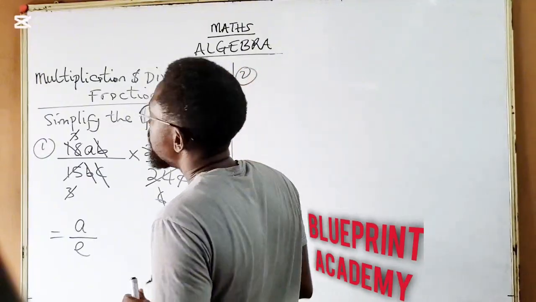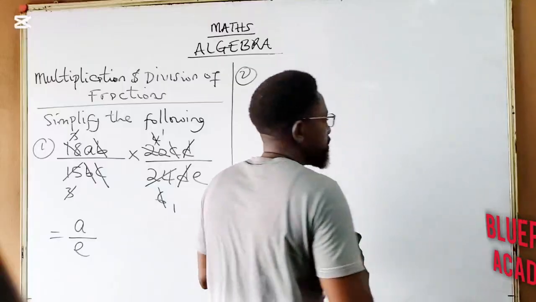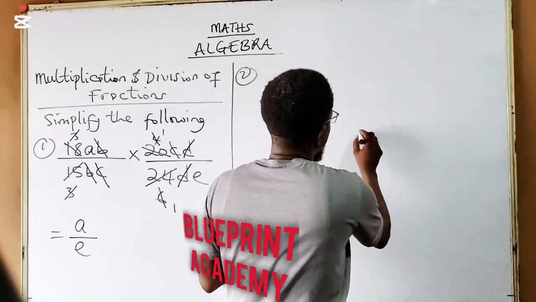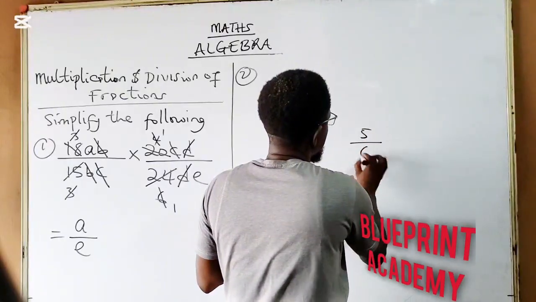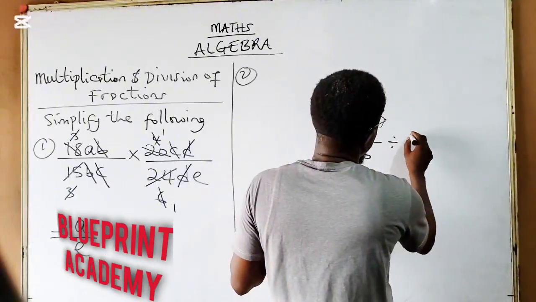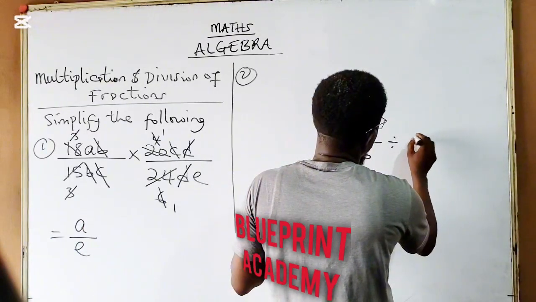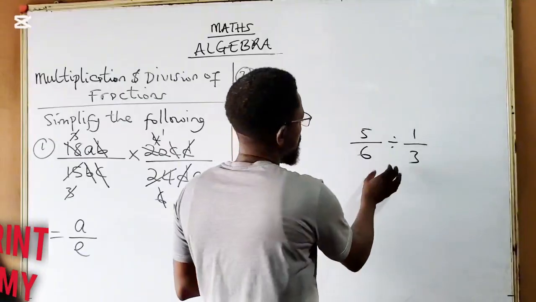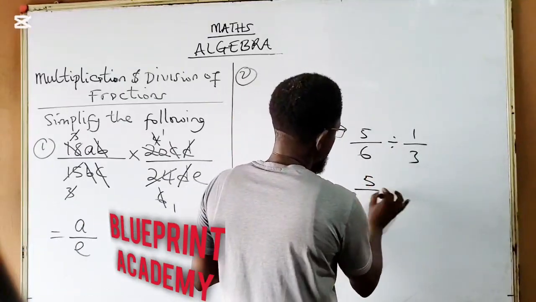Example 2. Now, usually, before we look at example 2, you understand that if we have fractions, let's say 5 over 6 divided by 1 over 3, for you to solve this one, we write 5 over 6 again.